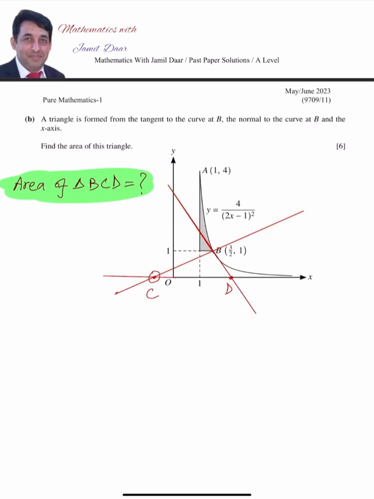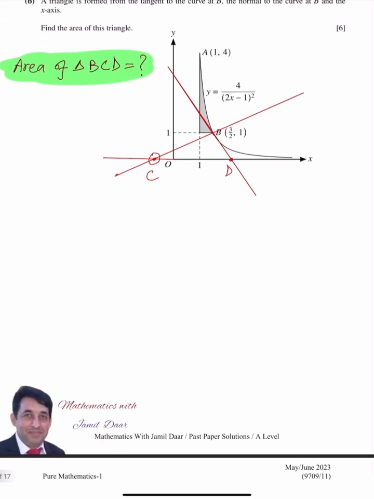First of all, we'll find the derivative of the equation. The equation is y is equal to 4 times (2x minus 1) raised to the power of minus 2.